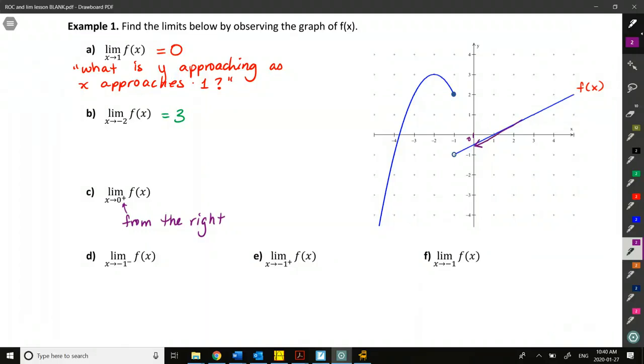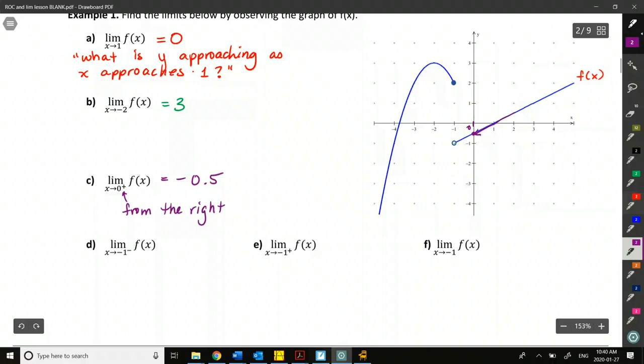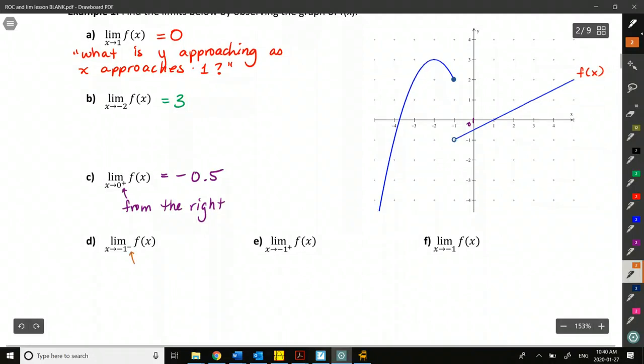This one we might have to estimate just a little bit. What does it look like y is approaching as x approaches from the right? Yeah, like -0.5-ish. That one's a bit of an estimate, but it's okay. Perfect. And then, of course, if the little plus that looks like an exponent means from the right, the negative must mean from the left. Awesome.